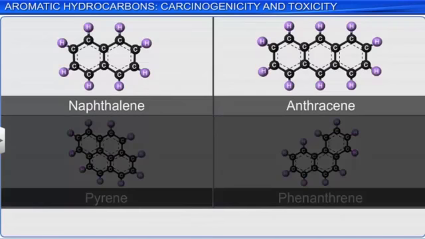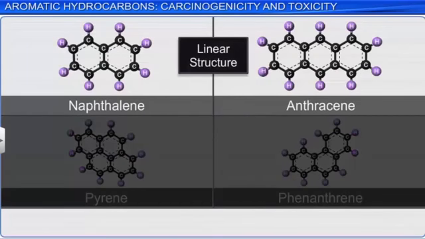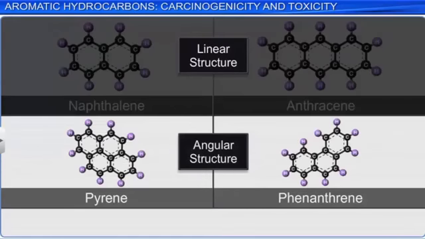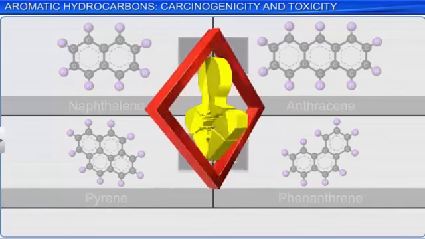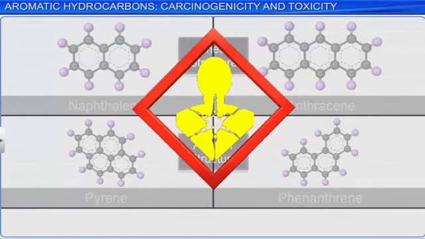Examples of hydrocarbons with a linear structure are naphthalene and anthracene, and those with an angular structure are phenanthrene and pyrene. These hydrocarbons are carcinogenic. That is, they cause cancer.